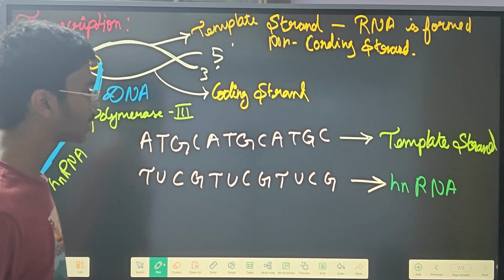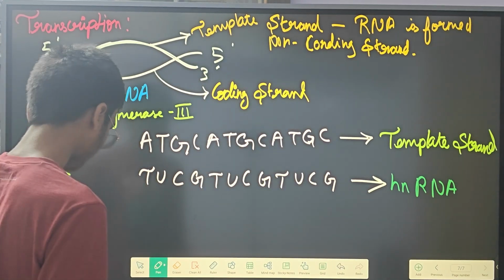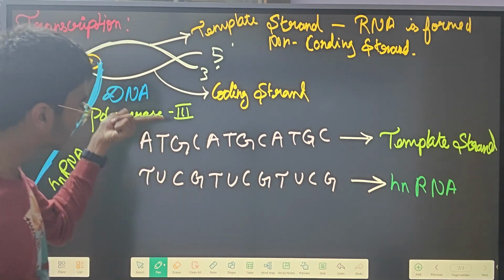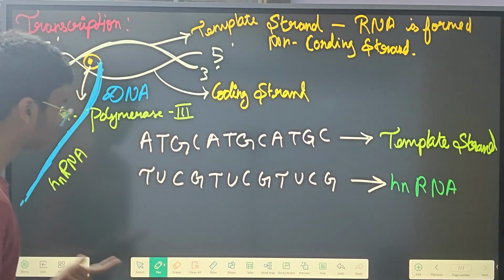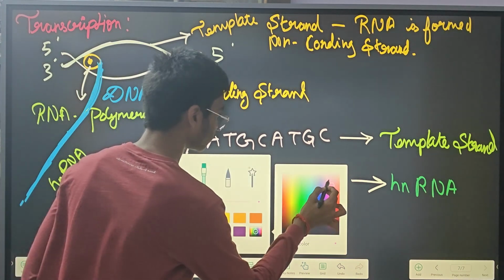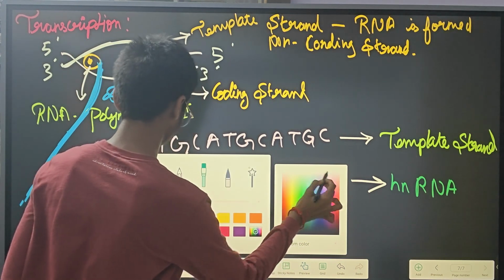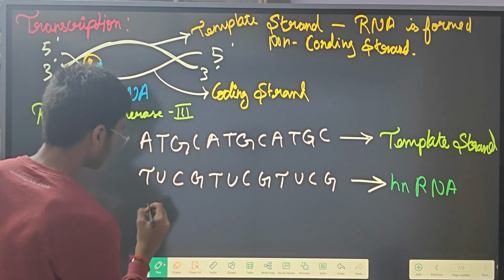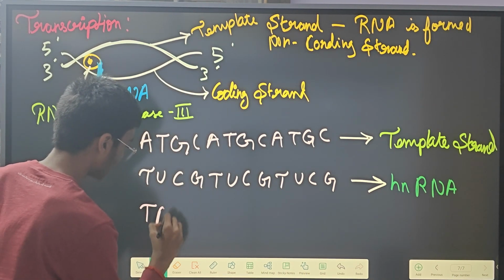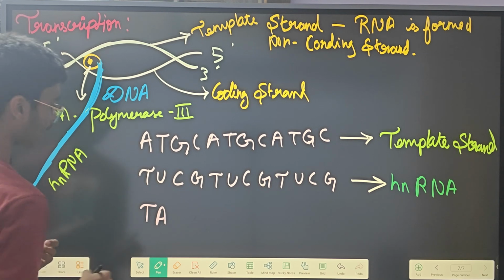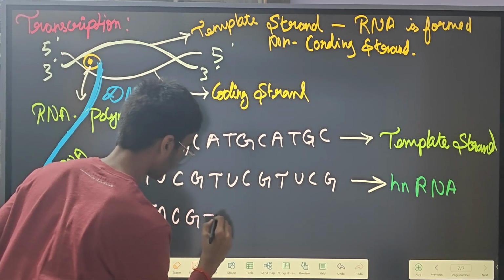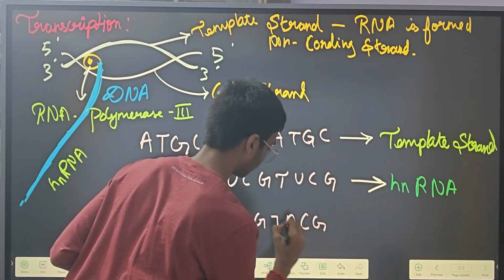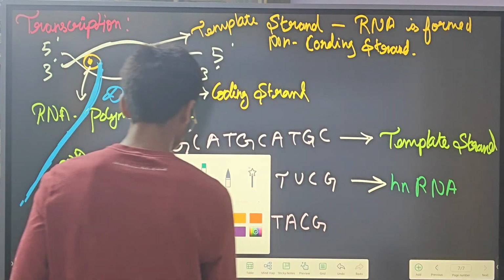This newly formed hnRNA will be exactly similar to the coding strand, because one and only difference is that you have to put uracil in place of thymine, then cytosine, guanine, thymine, adenine, cytosine, guanine, like that it will be going on.